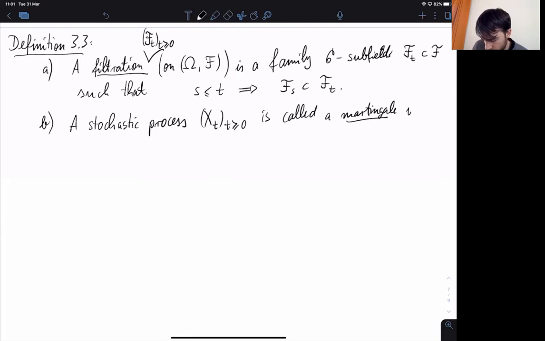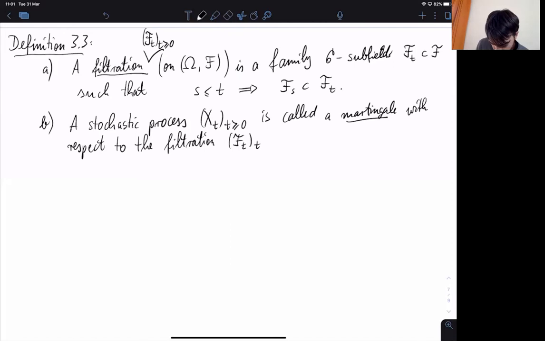I start from a stochastic process X, and it's called a martingale. A martingale is always with respect to some filtration, with respect to the filtration F_t, if the following three conditions are satisfied.